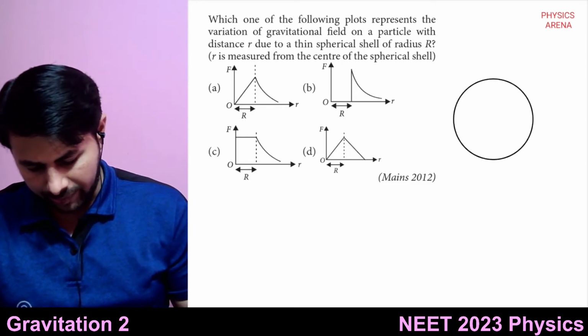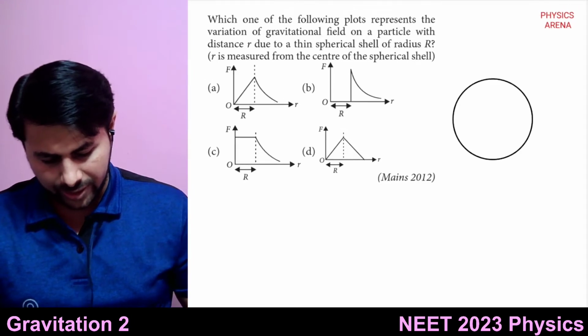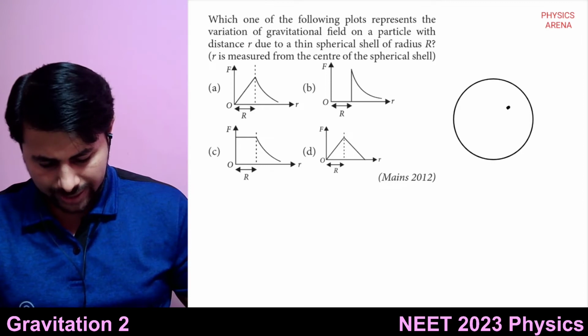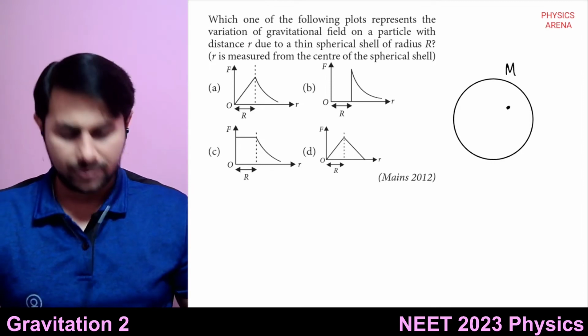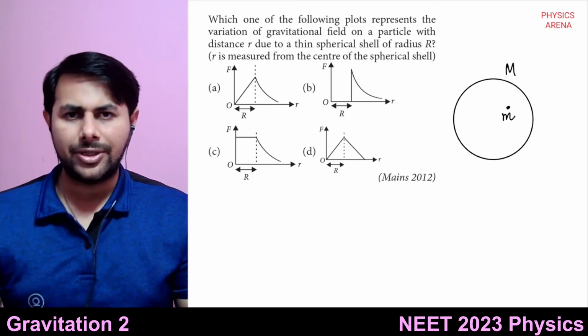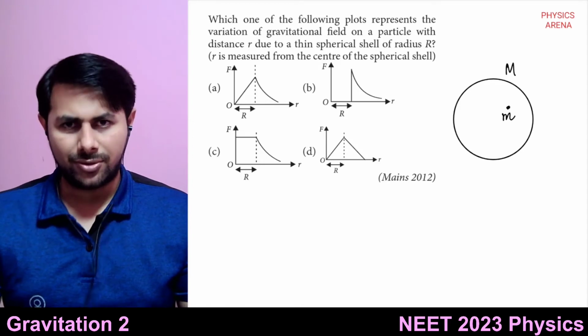if you keep a mass inside the shell, what is the gravitational field? It is gravitational force per unit mass. So let's suppose the mass of the shell is capital M. If you keep another mass inside the shell, what will be the gravitational force on that mass due to the shell? It's zero.